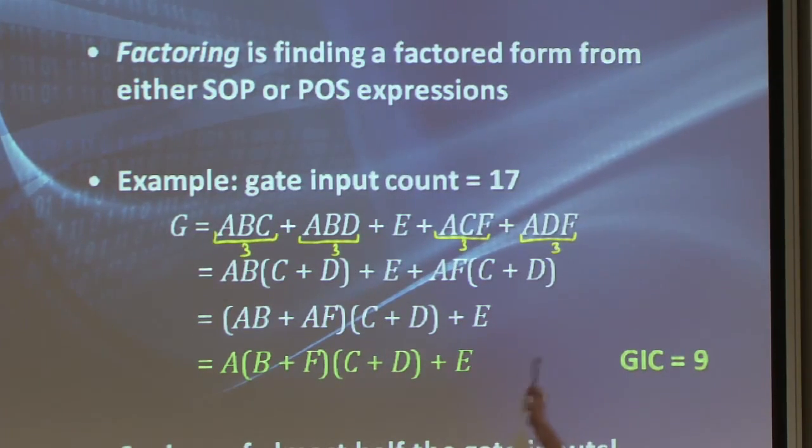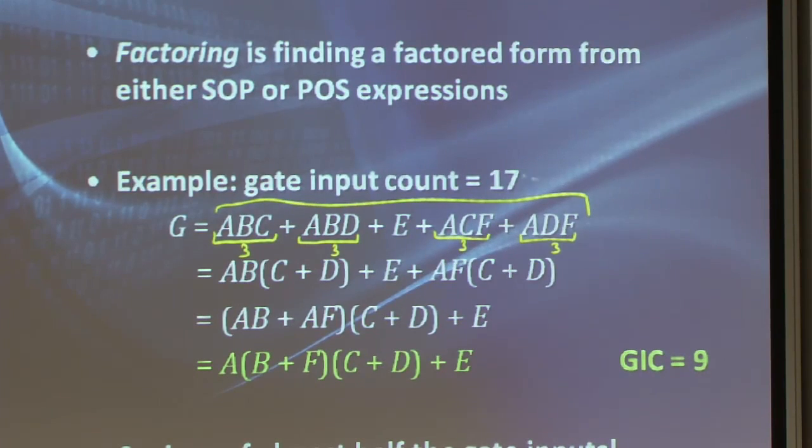And then these gates will create all the terms, and then we need one OR gate that will OR all 5 of these terms together. So counting, hopefully I get to 17. 3, 6, 9, 12 plus 5, I get 17 for the gate input cost.